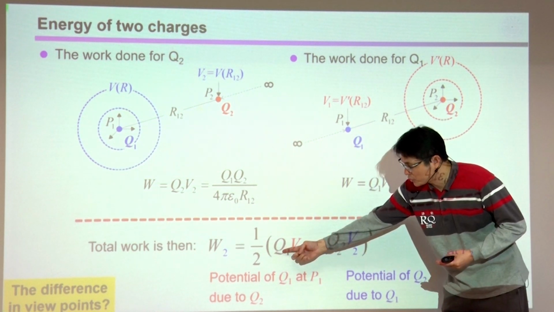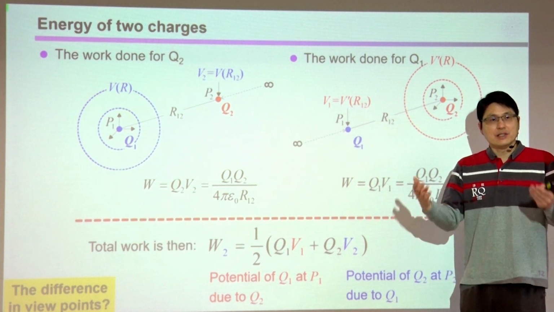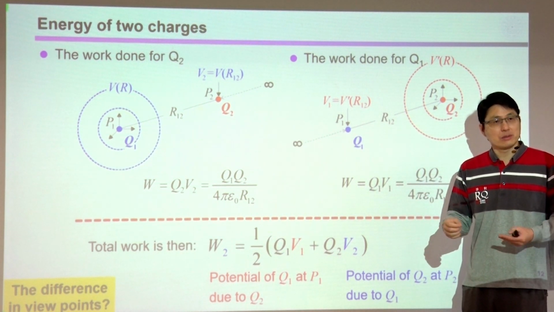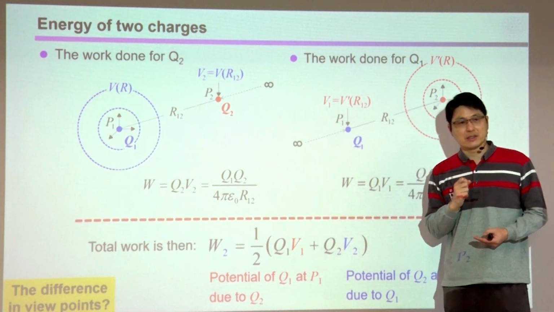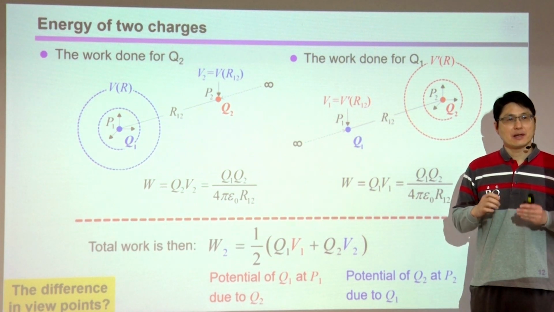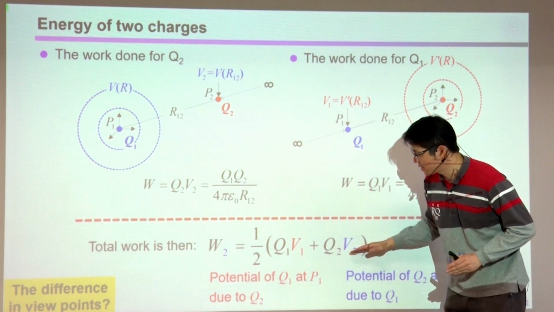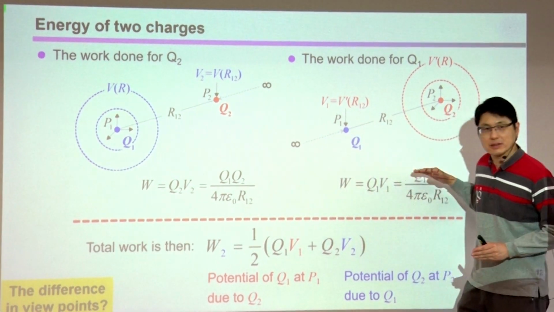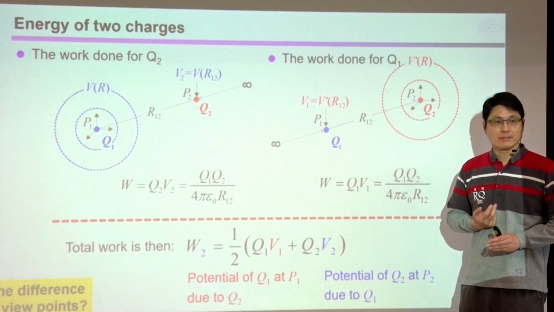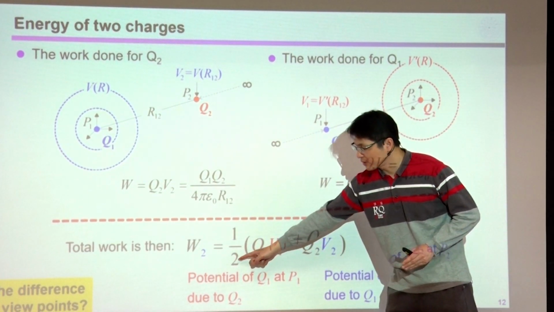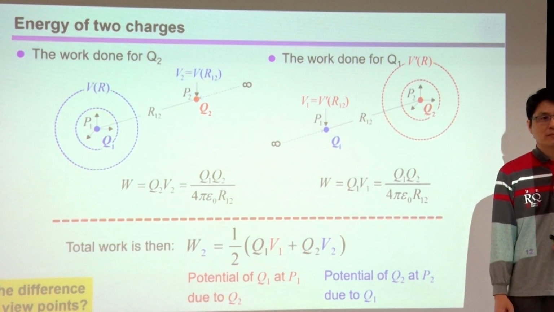I think each charge coming into this current location needs to accumulate work, needs to have some energy. But somehow when I add the two together, I noticed I overcounted. Right? If you compare this result, this summation, to this, I double counted. So I have to divide it by 2. Is it clear?